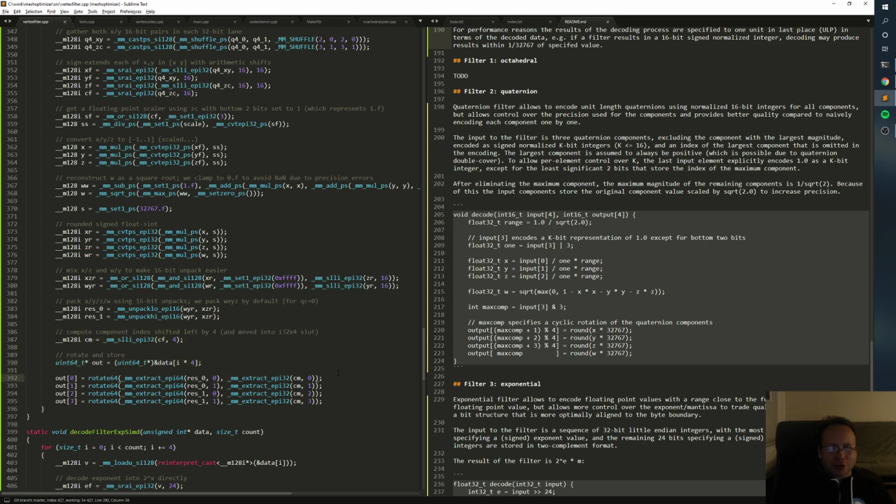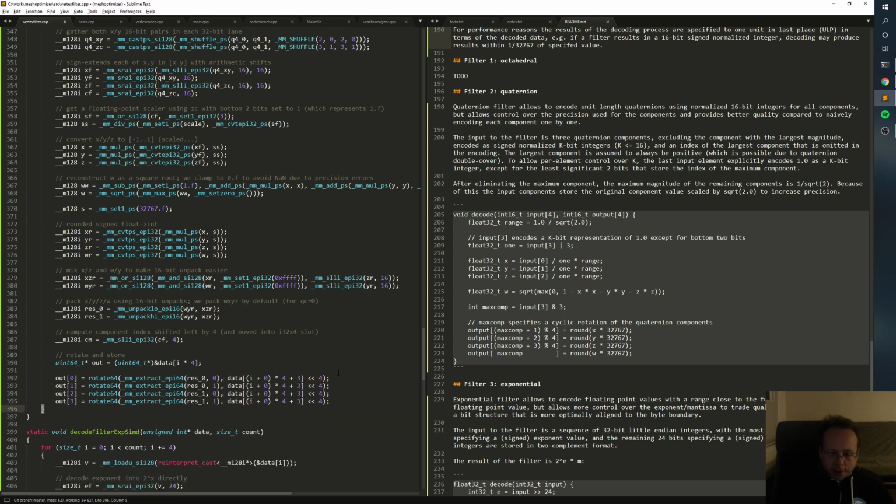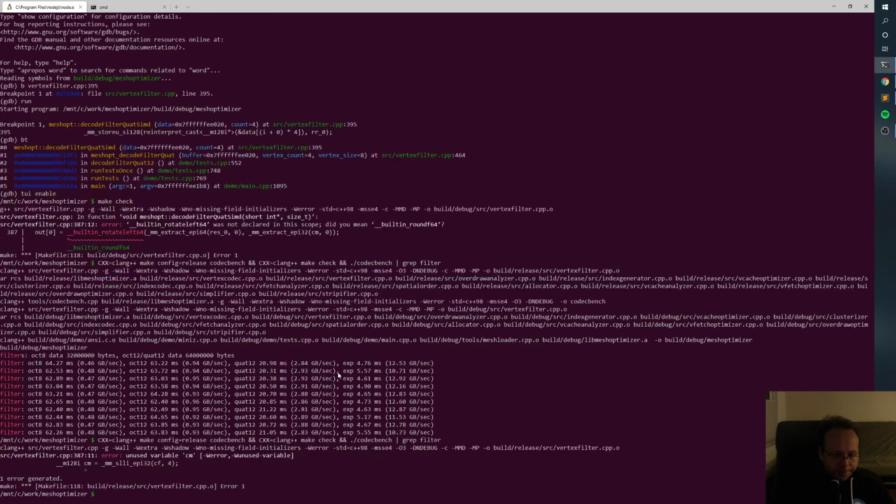We probably can just do something like I plus 0 times 4 plus 3 shifted by 4. So this is probably good enough. It's kind of unfortunate. I was hoping that there is a better way to do this, but maybe there just isn't.